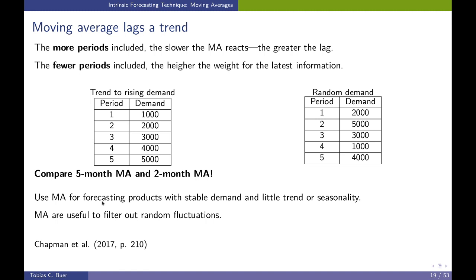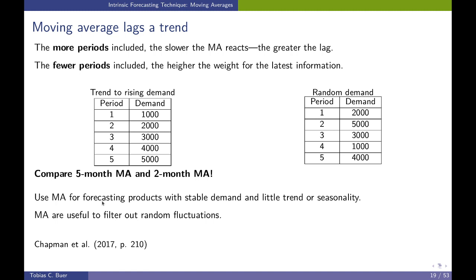On the other hand, the fewer periods we include, for example, a 2 months moving average compared to a 5 months moving average, the quicker the reaction is. It reacts quicker to all kinds of changes.